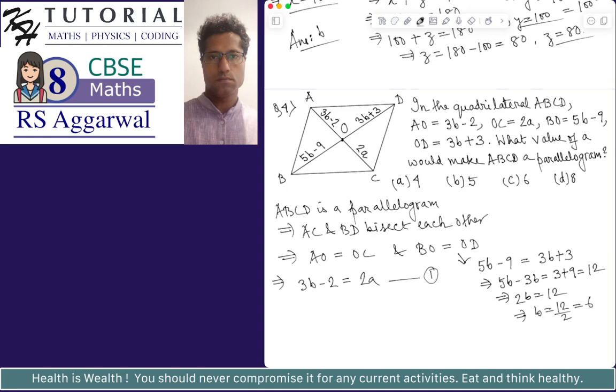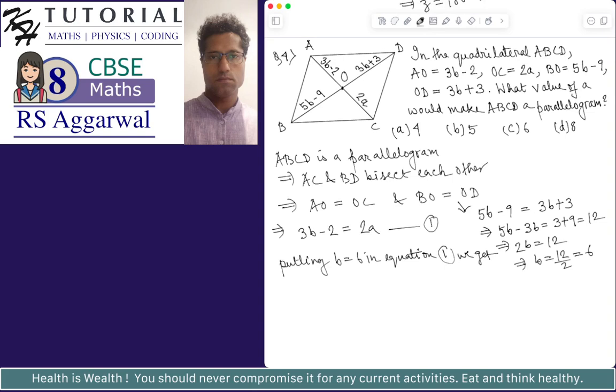So B is 6. Now substituting B as 6 in equation 1, we get 3 into 6 minus 2 is equal to 2A.